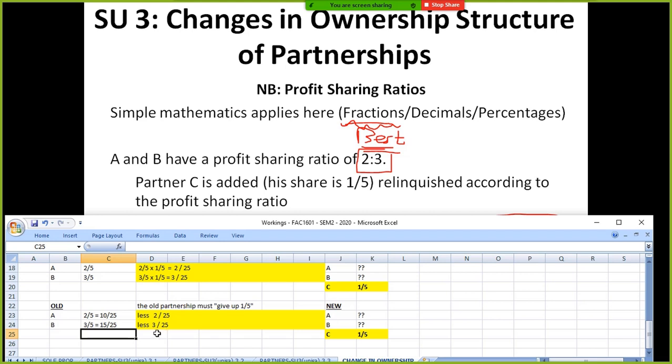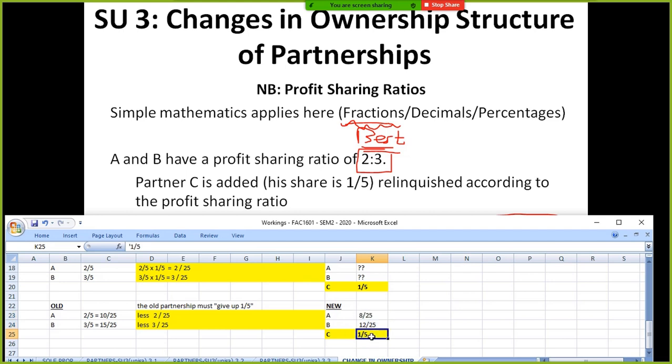So then 8 over 25. See, 10 minus 2 is 8, so 8 over 25. Okay, 15 minus 3 is 12, so 12 over 25. Can I work with different denominators? No, I can't.